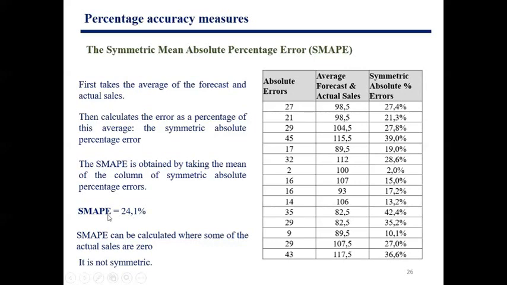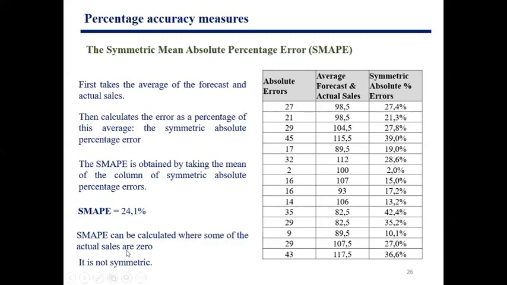And as I said, this measure allows to handle the problem of zero and low values of sales. But it has a problem. They said that it's symmetric, but it's not that symmetric. I don't think that I have time to explain this, but maybe you can find the details in the book.